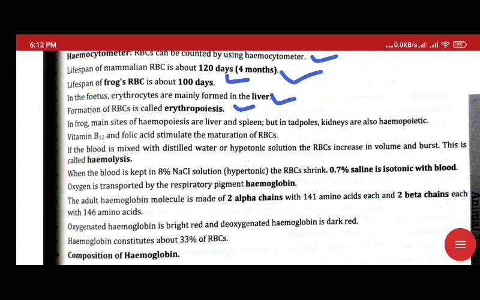Now the main site of hematopoiesis is from the what? From the kidney also. In the kidney, erythropoietin is the hormone for the production of RBC. Vitamin B12 stimulates RBC formation.